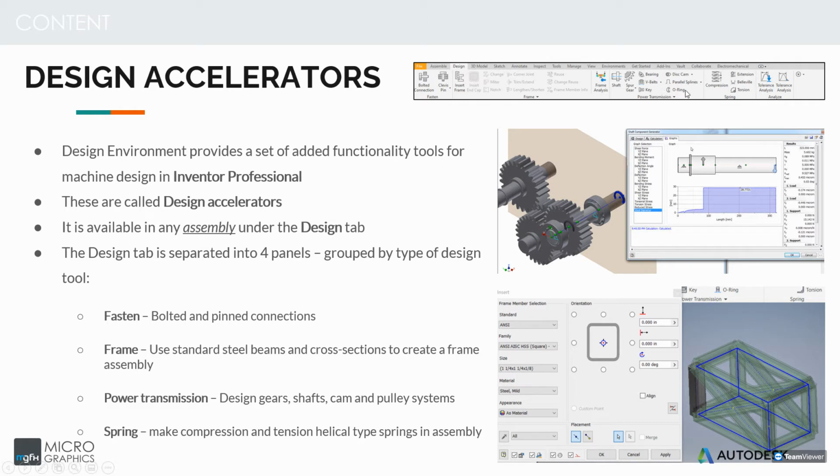Then you have power transmission, which is for your shafts, gears, pulleys and bearings and stuff like that. It also has an area for cam. And lastly, you'll see the spring area, which is to make tension and compression springs. You'll see a little menu there. So those are the four groups that it is separated into, and I've listed them down there.